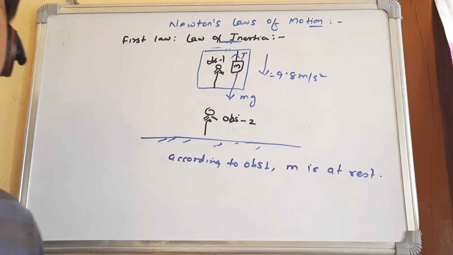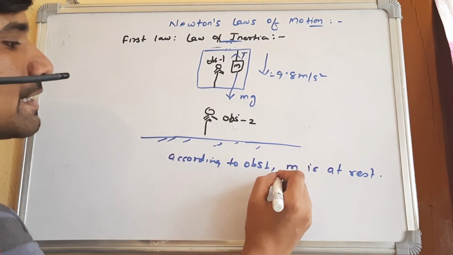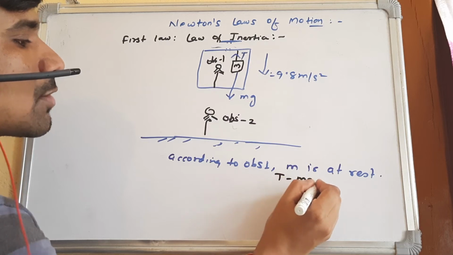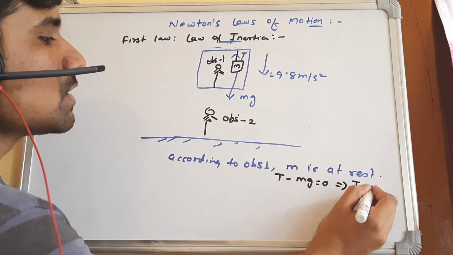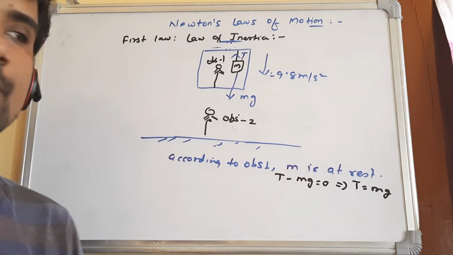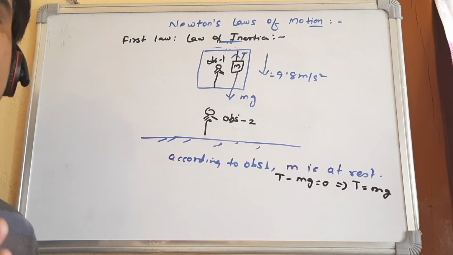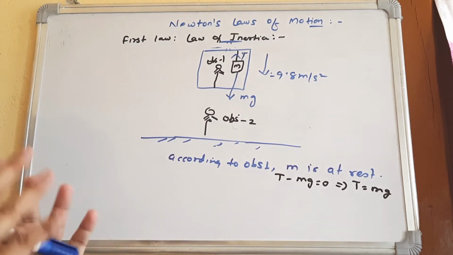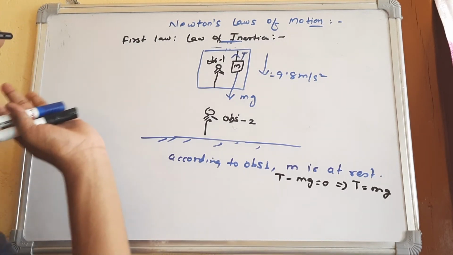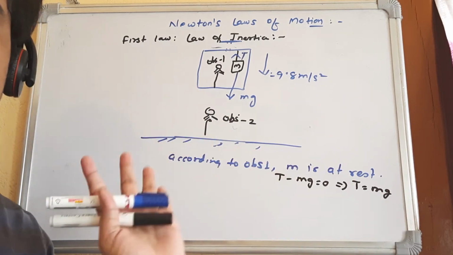And if m is at rest, observer 1 calculates that tension minus mg equals 0, which means tension equals mg, because the first law states that if the sum of all the forces acting is 0, the object will continue to maintain its state of rest or motion. So observer 1 reports that the mass m is at rest and tension is equal to mg.